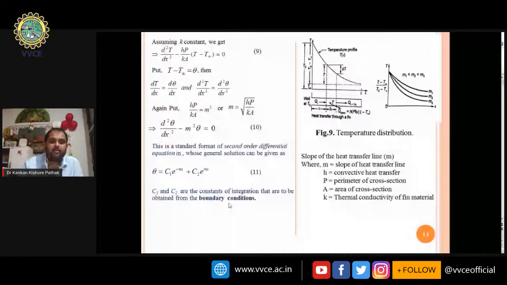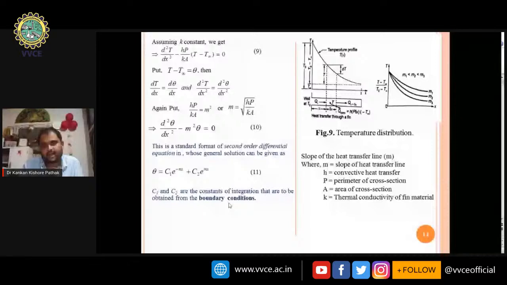Now we can see the temperature profile. If you solve this problem, suppose this is the pin here, and the temperature varies, the wall temperature is high, and so this way it is decreasing.